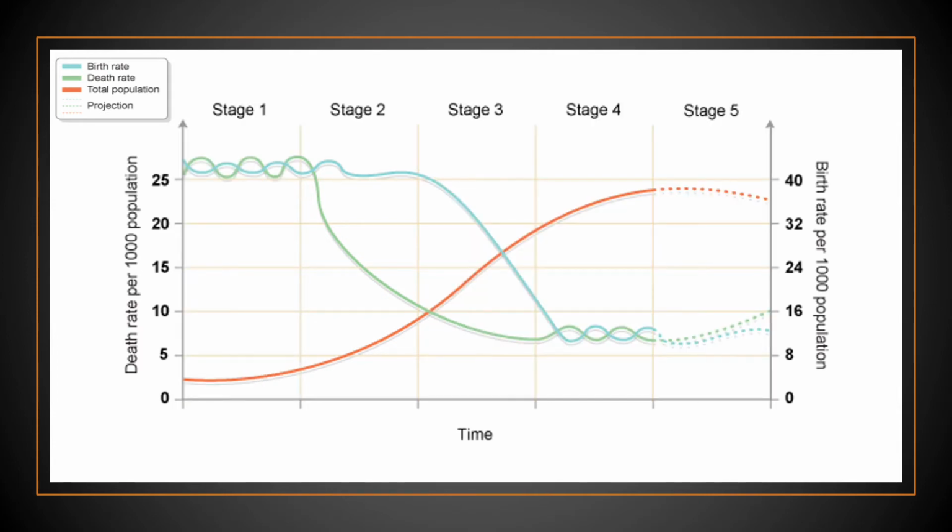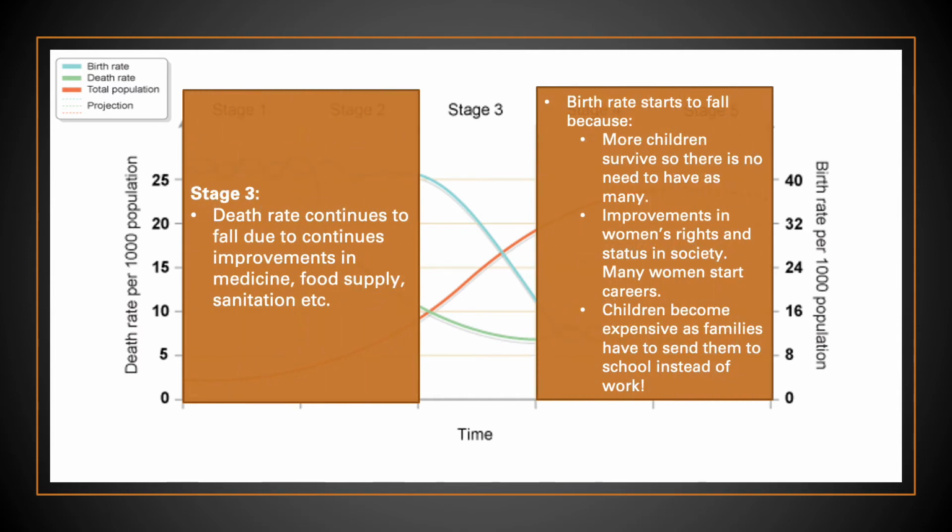Moving on then to stage 3. So in stage 3, death rate, which is our green line, continues to fall. This is because of further improvements in the food supply, better sanitation, improvements in medicine, healthcare becoming widely available.